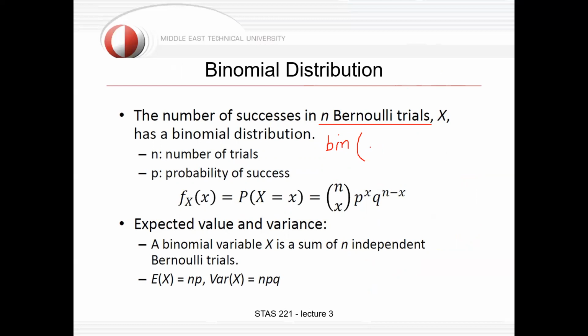It doesn't matter. Let's say probability of success and the number of trials. These are our parameters, like for the uniform distribution we had a and b as our parameters. In some books, they even show a lowercase b for the binomial distribution.